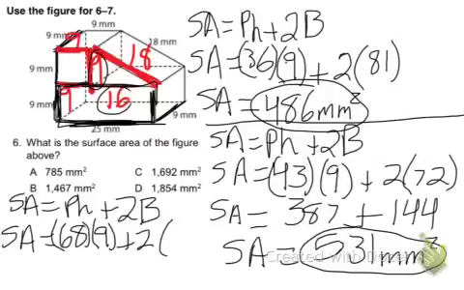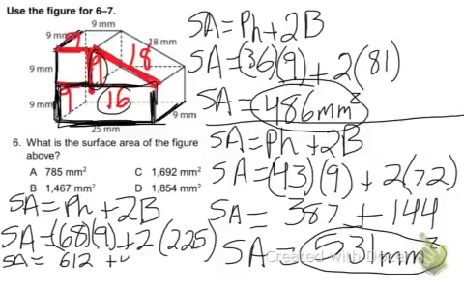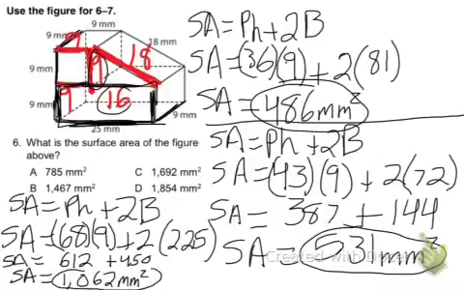Plus 2 times 25 times 9, which is 225. Now you add those up, and you get surface area is 612 plus 450, and we solve that. Surface area is 1,062 square millimeters.